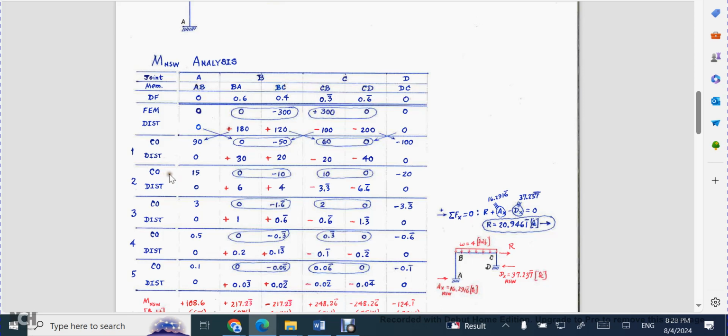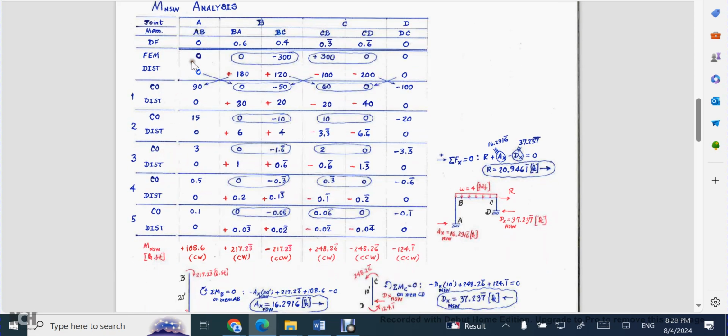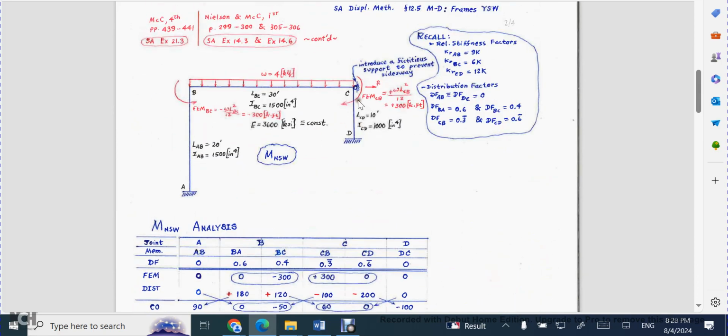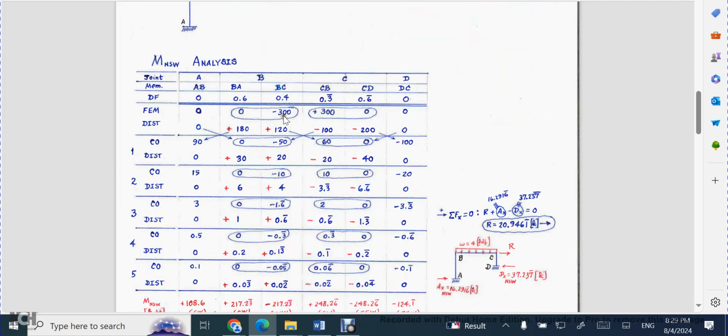And the way you do this is you start with your fixed end moments, as I said. There are no fixed end moments in the columns, and the reason is that there are no interior loads in the columns, as you can see. The only thing that is taking up interior loading or span loading is this girder BC. And that's where we had the minus 300 and 300 from joint B to joint C, respectively.